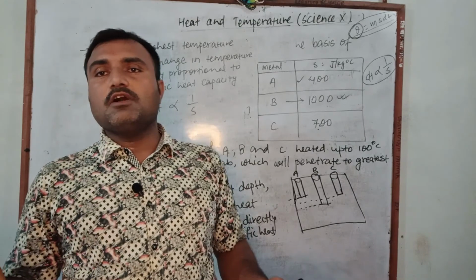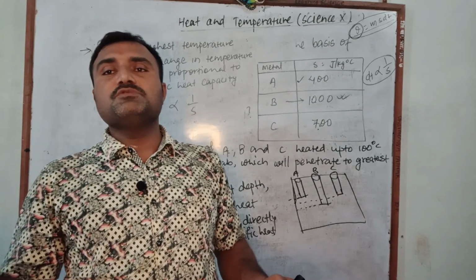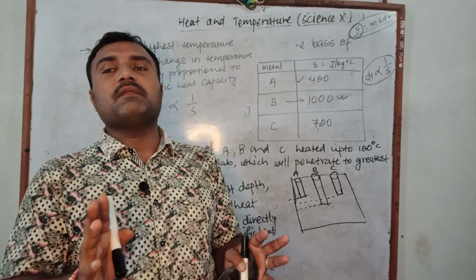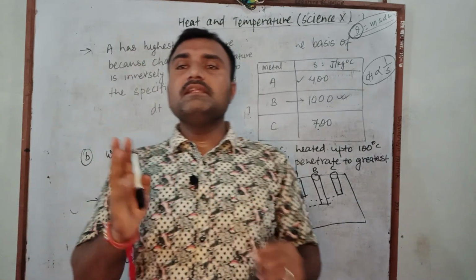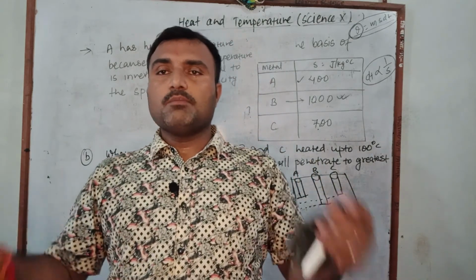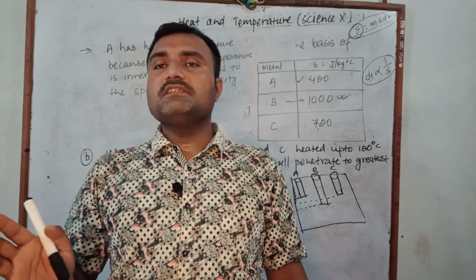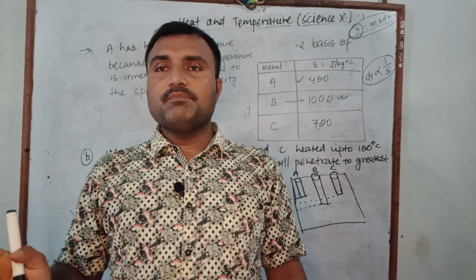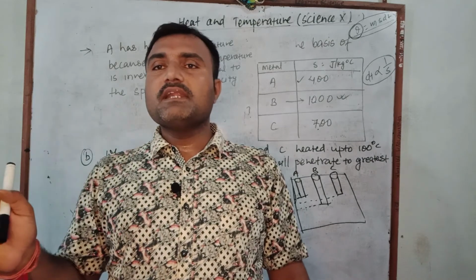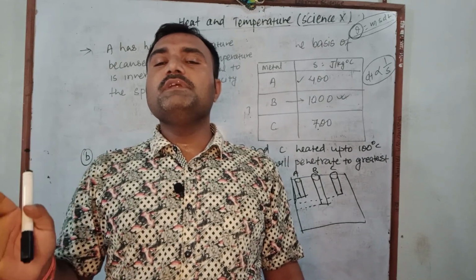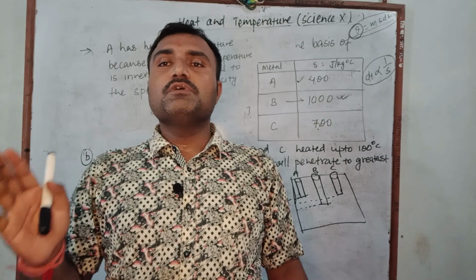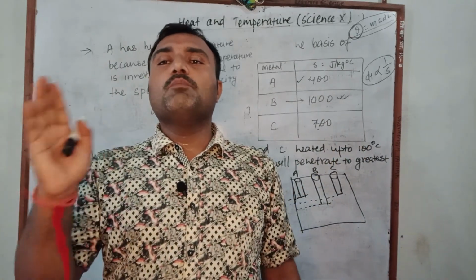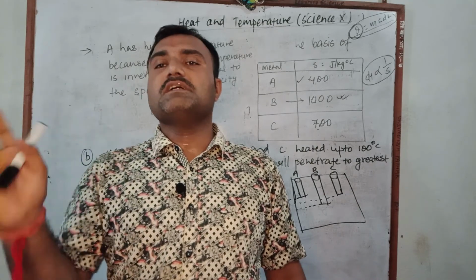On the basis of the place where it is used or the purpose of use, mainly three types of thermometer are found. And these are the clinical thermometer used to measure body temperature, the laboratory thermometer used to measure room temperature or atmospheric temperature, and the maxima minima thermometer which is used to measure maximum and minimum temperature of the day, which is mostly used for meteorological research.